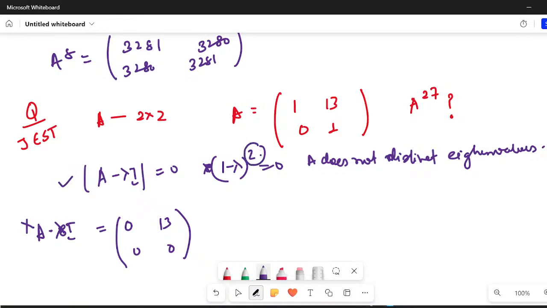If the minimal polynomial is only in terms of linear factors, only then can we say that our matrix is diagonalizable. That implies A is not diagonalizable. And since A is not diagonalizable, I cannot apply the above approach.